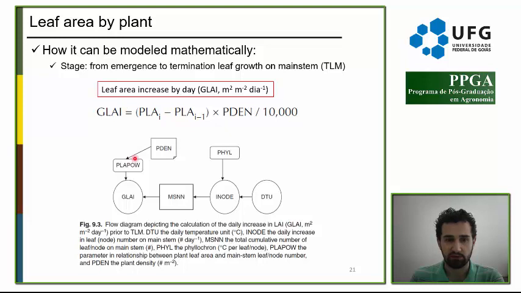And based on this equation, including plant density, I can calculate the gain or increase of the leaf area each day for this period from emergence to termination of leaf growth on main stem.